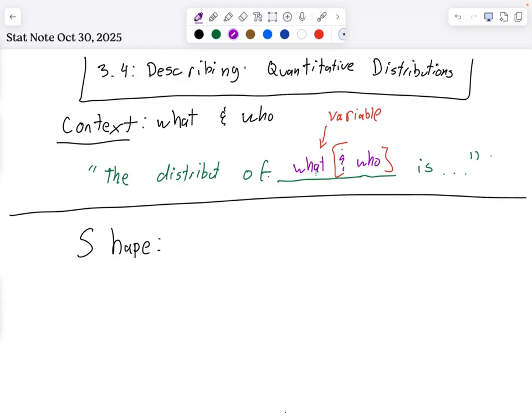And when we talk about shape, we're going to talk about symmetry and peaks. All right, symmetry, so we might say it's symmetrical, or we might say it's what? Skewed, maybe left or skewed right. We need to make sure we do that.